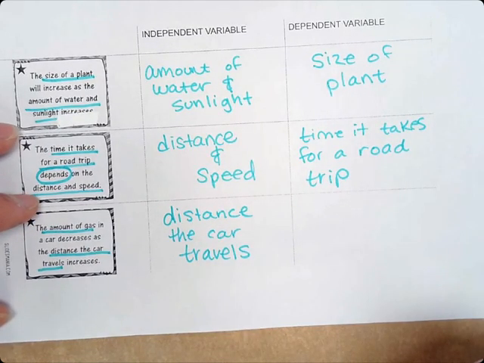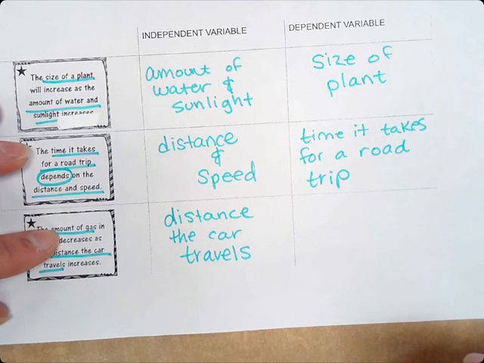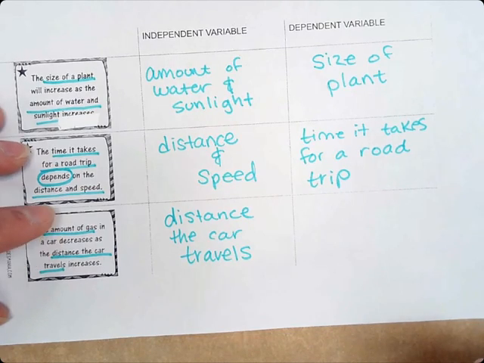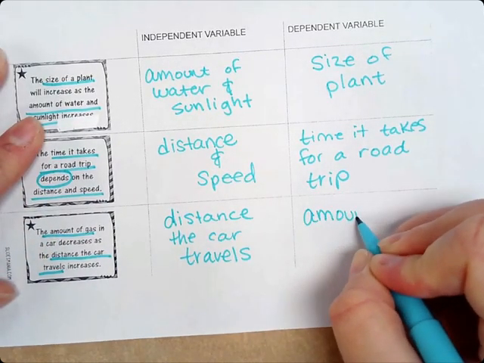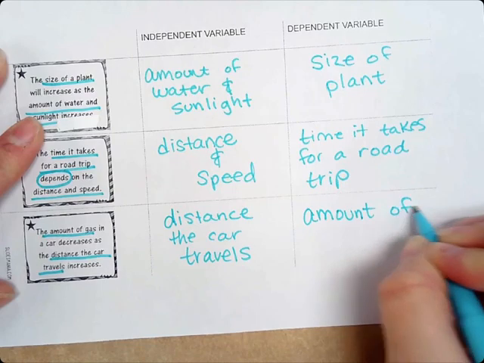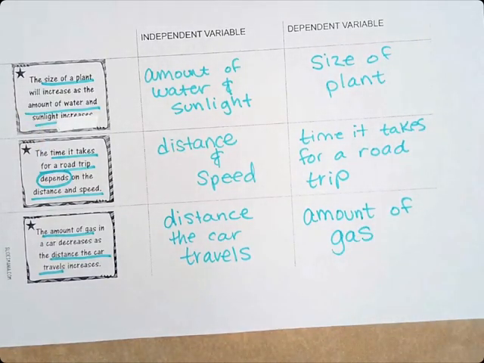You can travel to and from work a couple of times, and you'll see the amount of gas go down. Or you can decide to leave it in the driveway. You don't travel at all. Amount of gas stays the same. So our dependent is amount of gas.